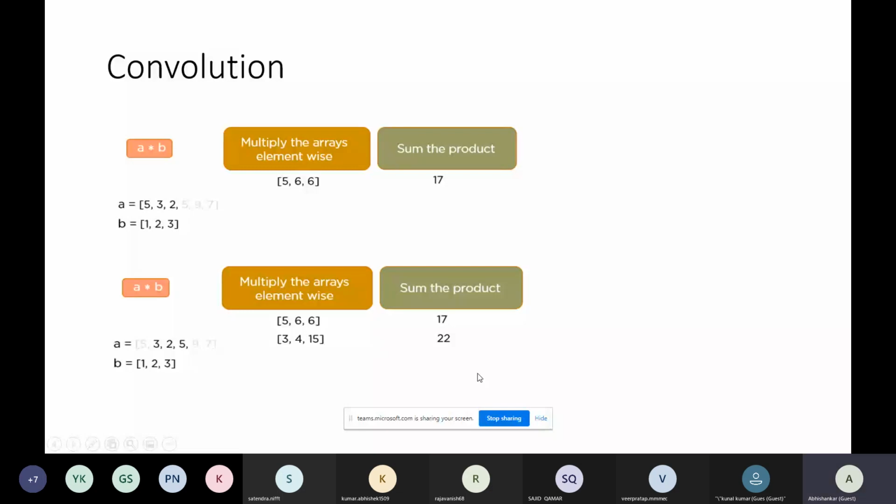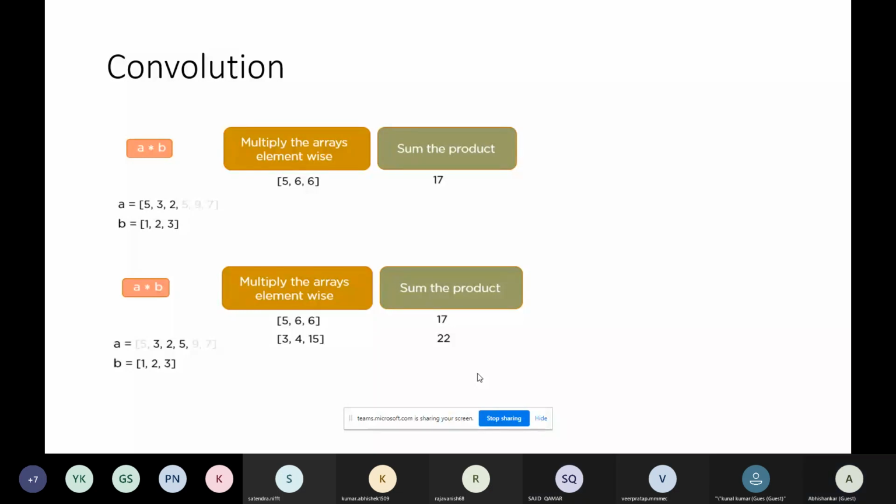Can you people go and calculate the other products? We have already done 2, so we have to do another 4.